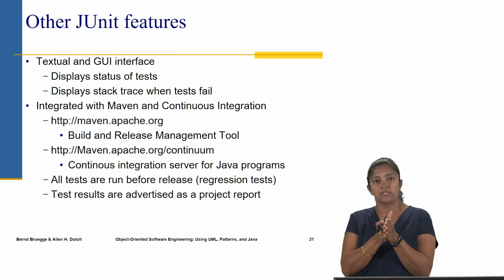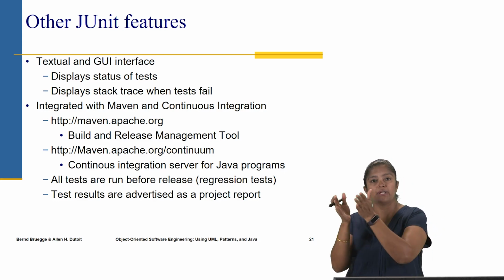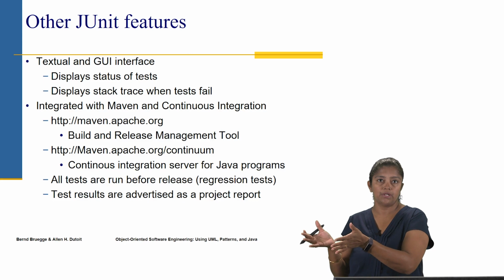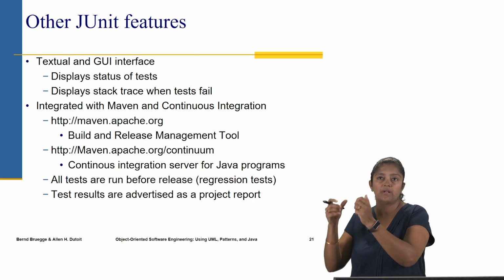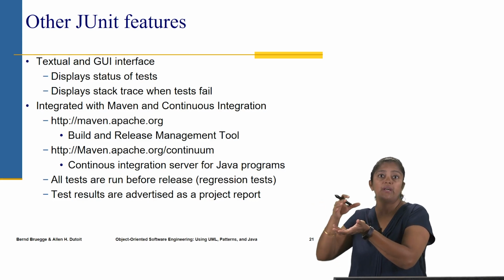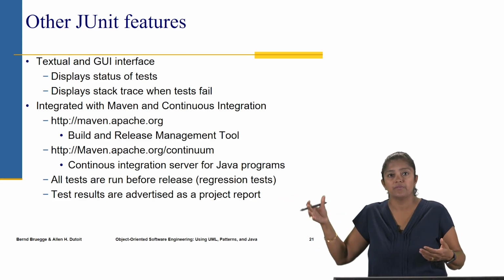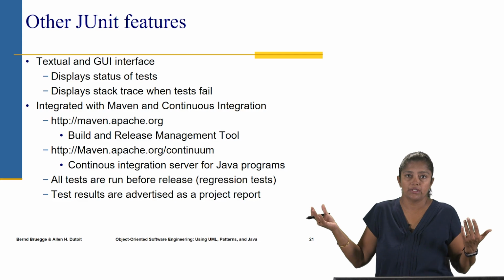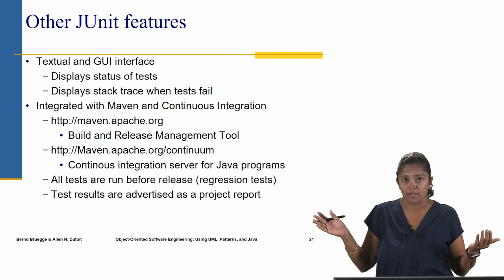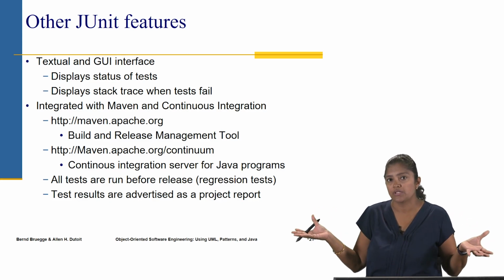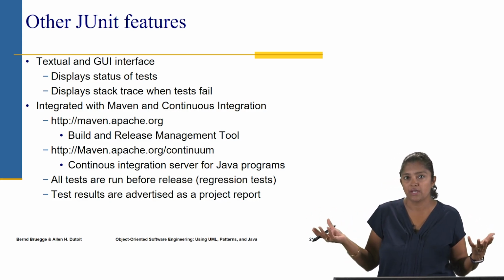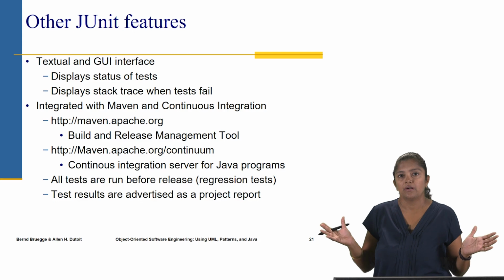And then once there's a successful build, it's checked into the source repository, and once it's over there, it's automatically moved to the server, and you have a running product at all times.